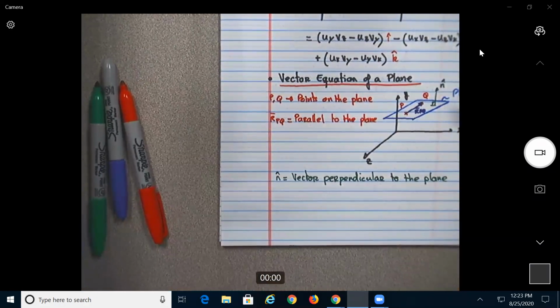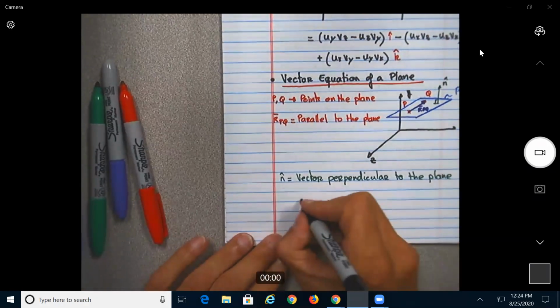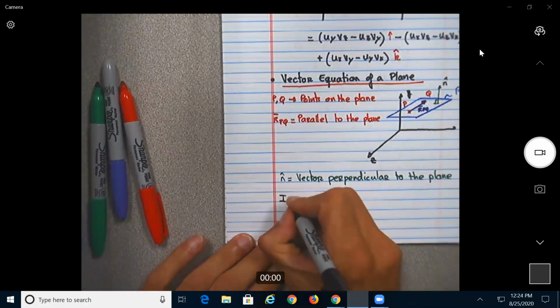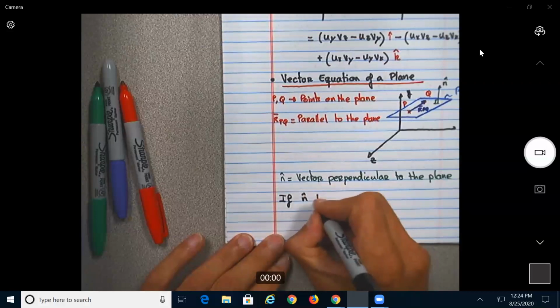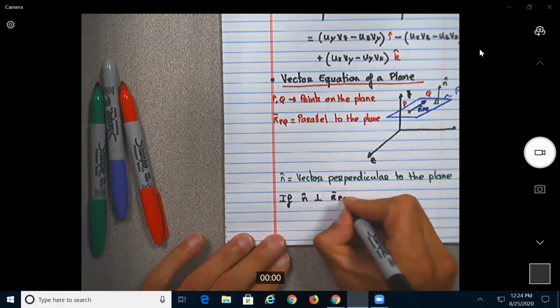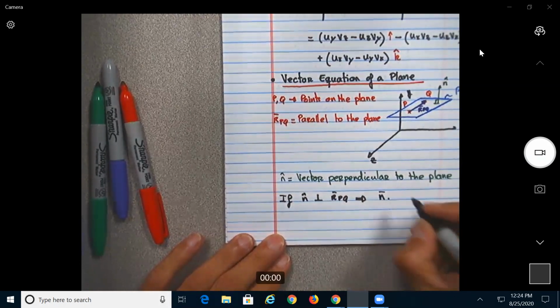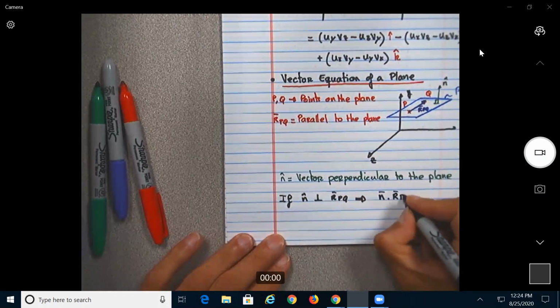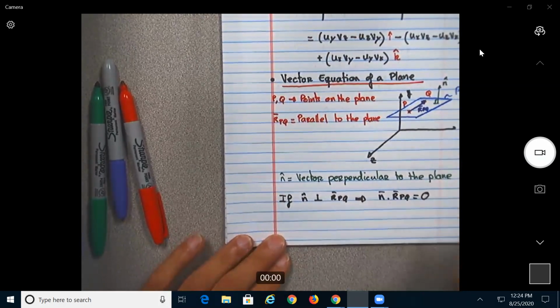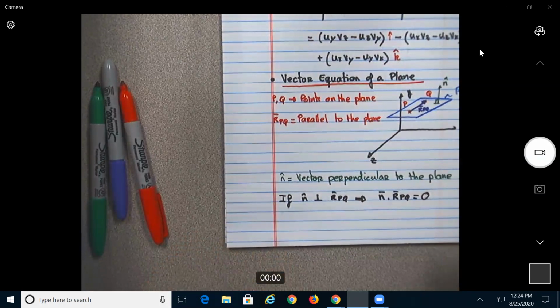Okay, so if that is the case, what does that mean between vector n and the vector PQ? Both of these two should be perpendicular to each other. If they are perpendicular to each other, what does that mean? If n is perpendicular to PQ, that means what? That n dot PQ should be equal to 0.